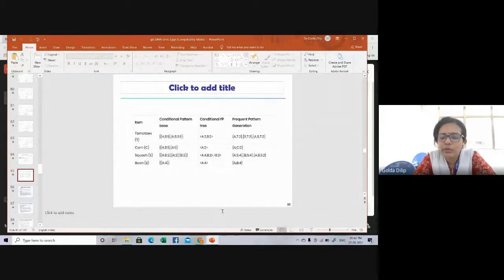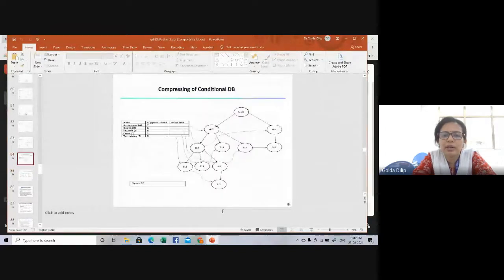Then you see in your FP tree, for tomato, how do I reach the T starting from the root of the tree? One way is from root you go to A, B, and you reach T. That is the first one.